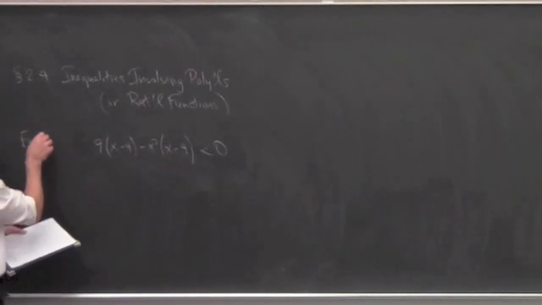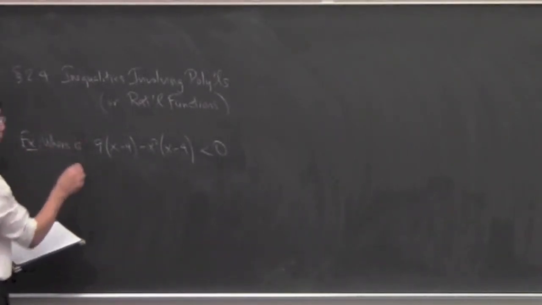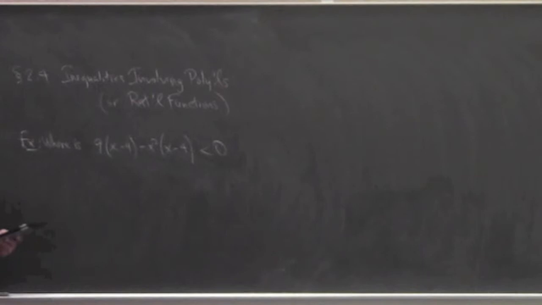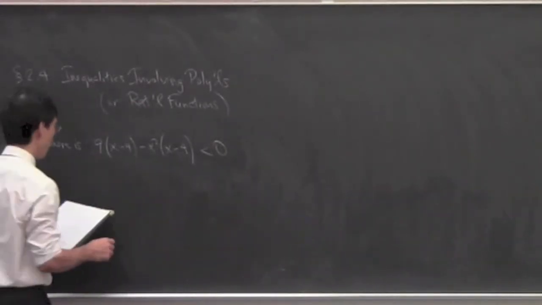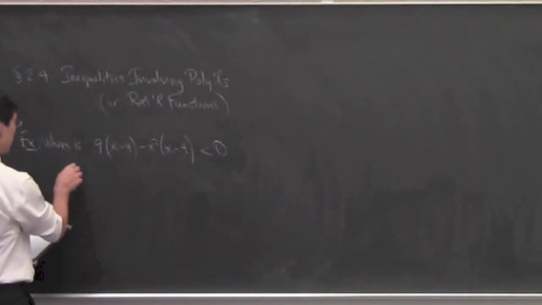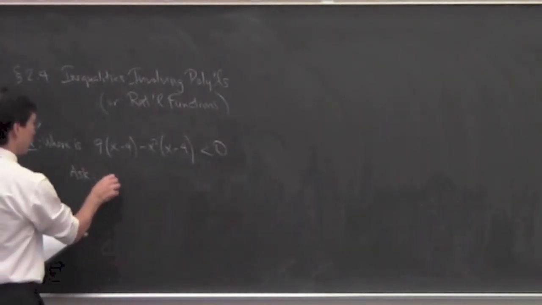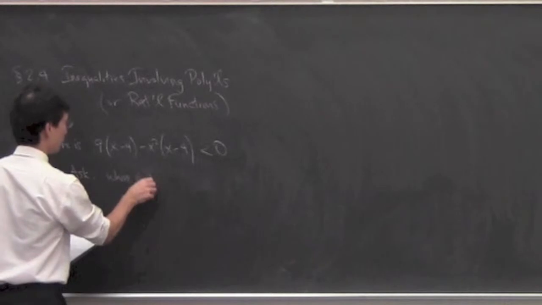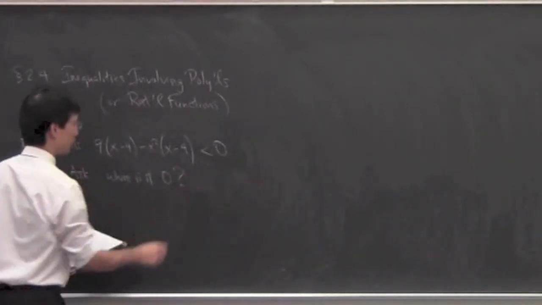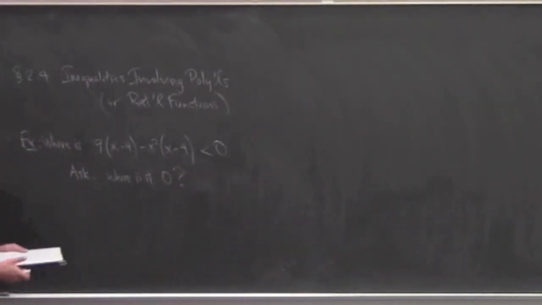You want to know where this polynomial is less than 0. So we ask first, where is it 0?